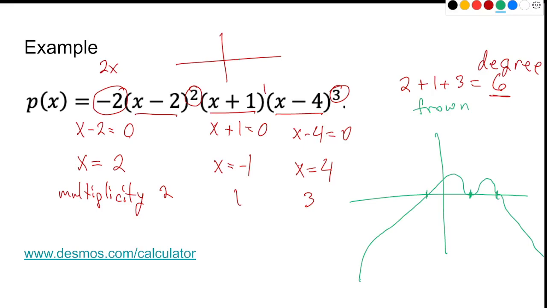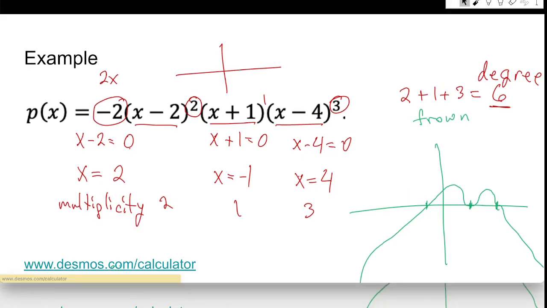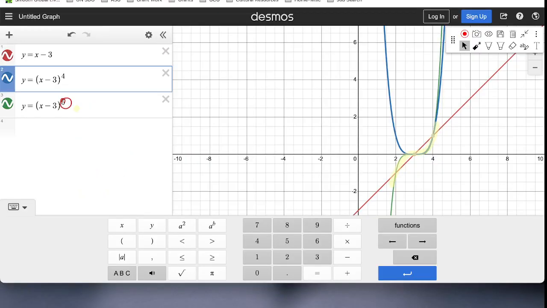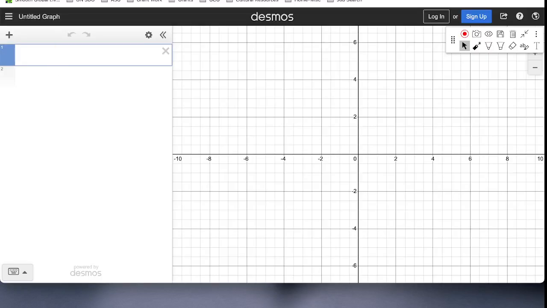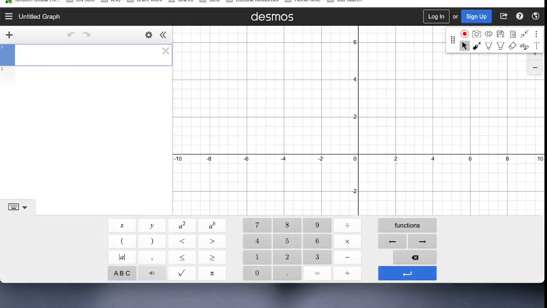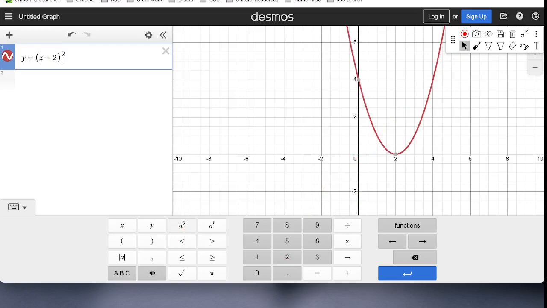So I have to remember this: x minus 2, x plus 1, and x minus 4. Let's see. So let's go over to Desmos. I'm getting a new Desmos anyway. So we'll just say y equals, and we'll graph that first one. It was x minus 2, right? And that was squared.